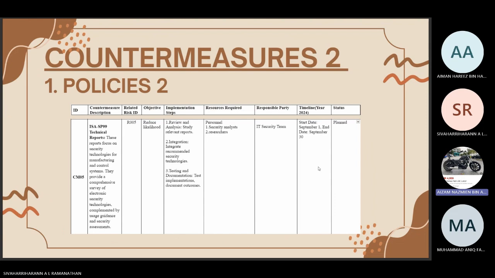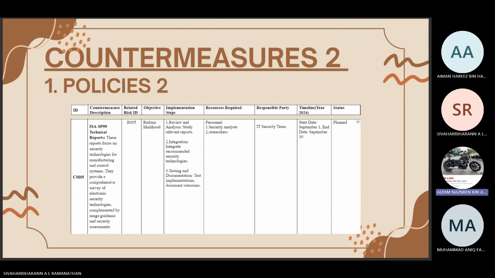Next, we have countermeasures. Policies. CM05 aims to reduce the likelihood of risk associated with security vulnerabilities in manufacturing and control systems as outlined in M005. The countermeasure involves studying relevant ISA SP99 technical reports to review and analyze security technologies.